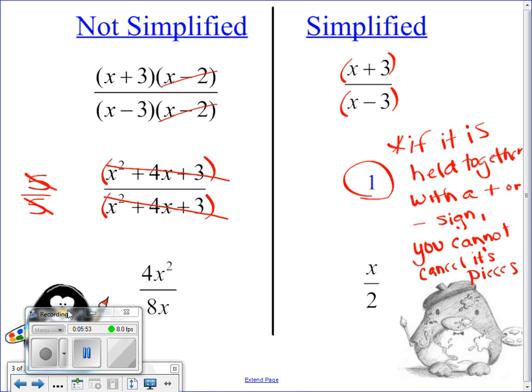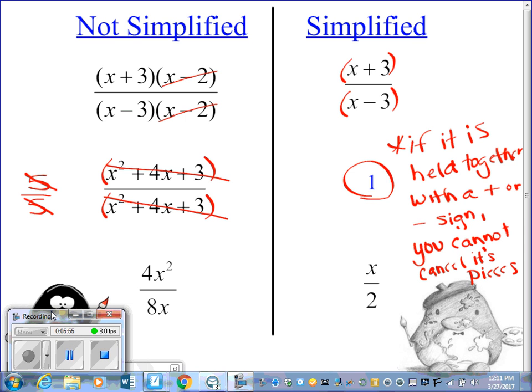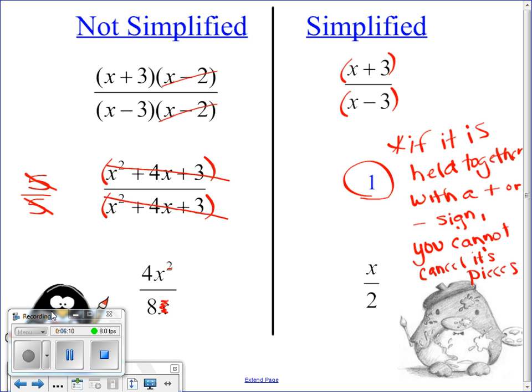And then down here, 4x squared over 8x. I look at that one. Are there any plus or minuses holding it together? No. That means I can piece this thing out one piece at a time. There's an x on the bottom and there's 2 of them on top, so I can cancel this one. This will just be x to the first.